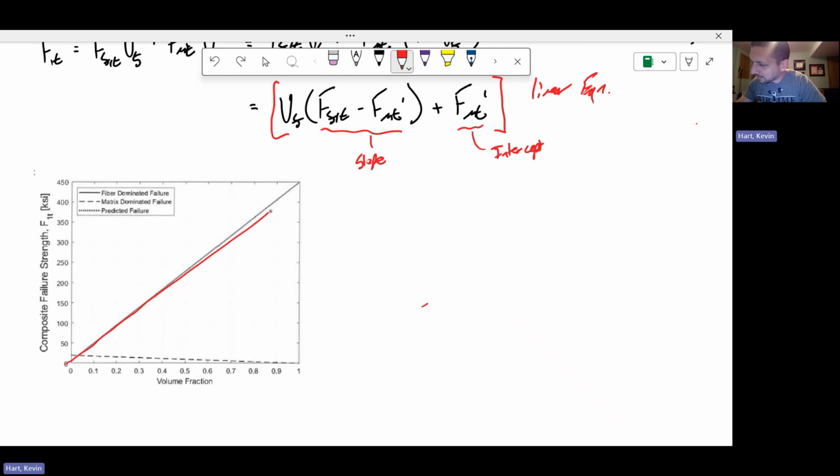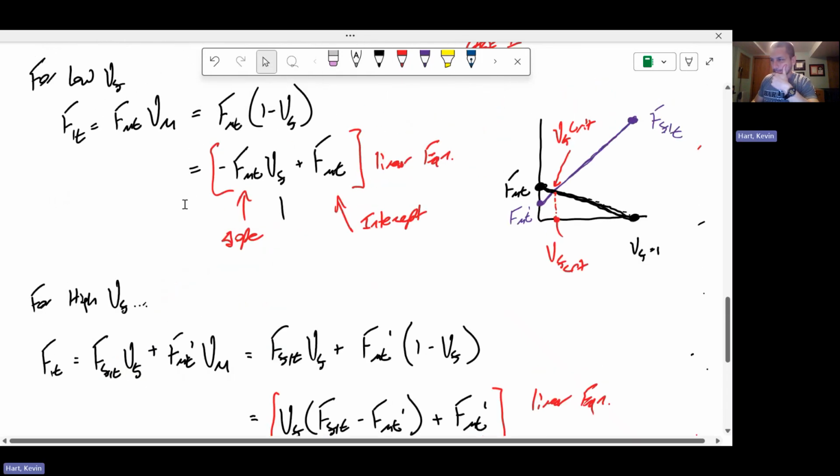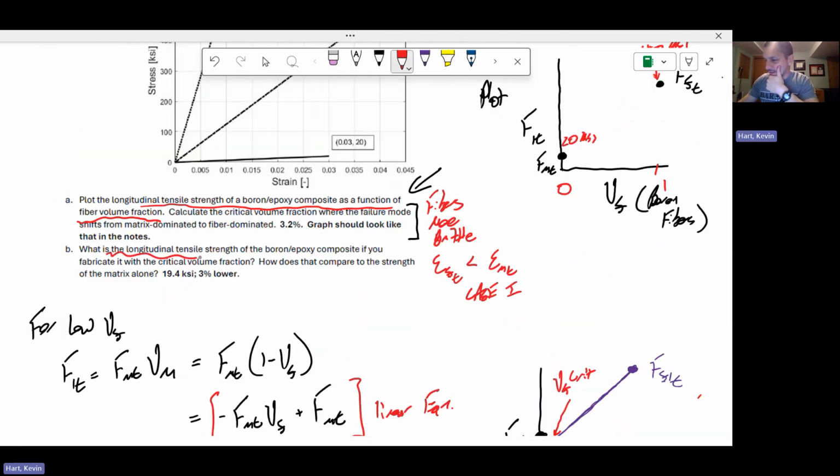This is the one that's given for high volume fraction. And so if we actually wanted the failure of this, we're going to take the higher of the two strengths. So this is the line that generally governs how this thing responds. It asks us to calculate the longitudinal strength if you fabricate it with the critical volume fraction.